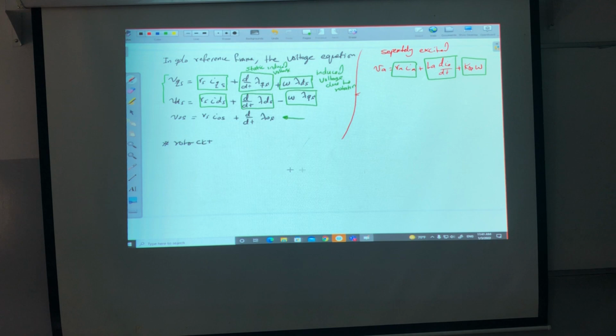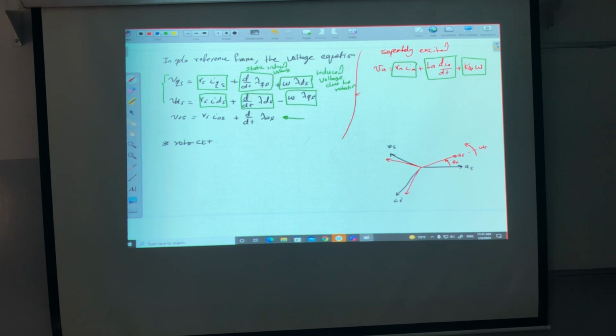If this is AS, and this is BS, and this is CS, here I'm having AR, and this axis is rotating by speed omega. So simply from here to here I'm having a theta. Now the same thing, I can have BR and CR.